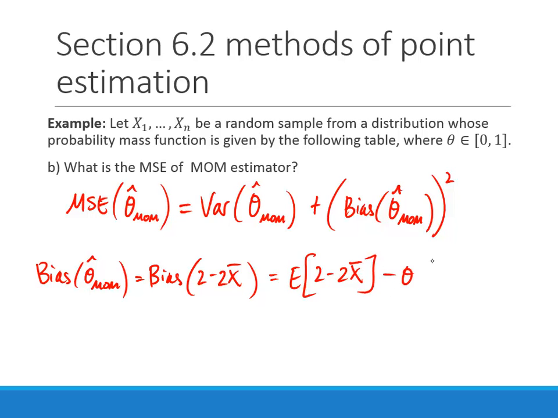So you take the expected value of your estimate and subtract off the parameter that you're trying to estimate. Okay, so we can move some things around. This is 2 minus 2 times the expected value of x bar minus theta.